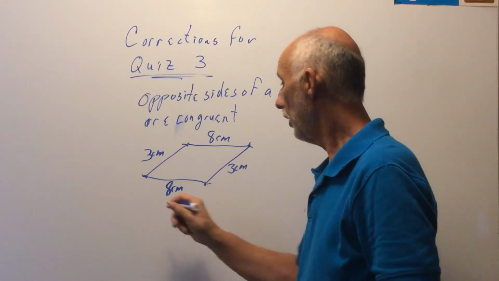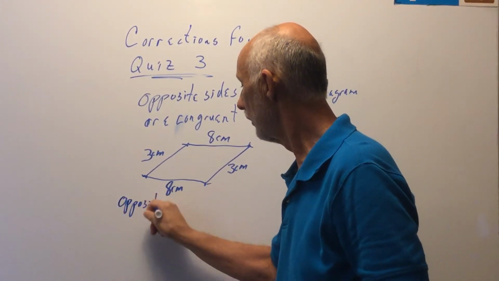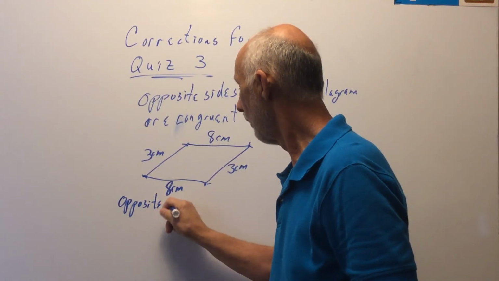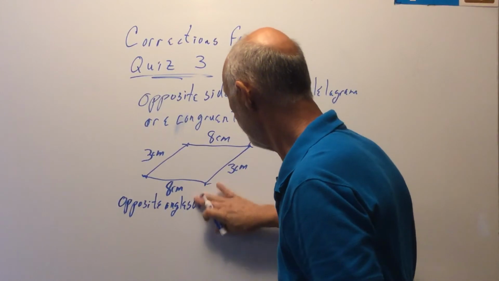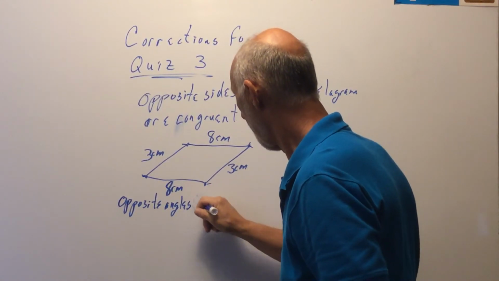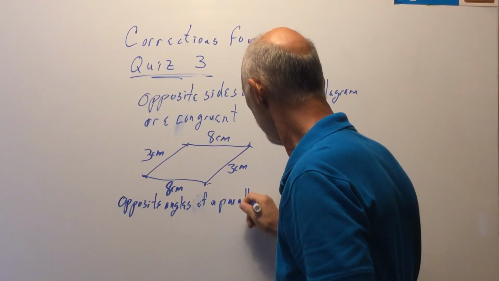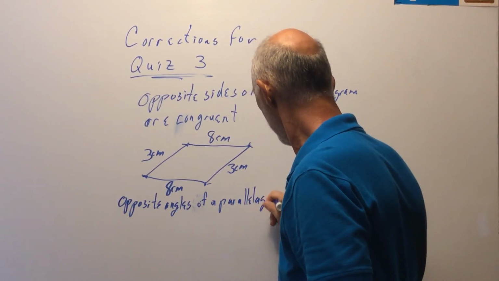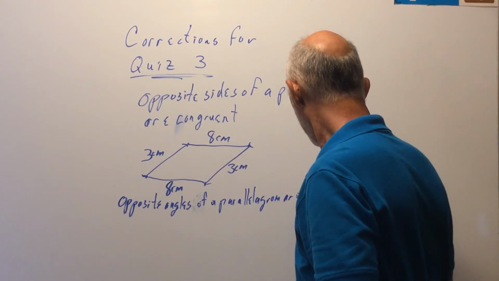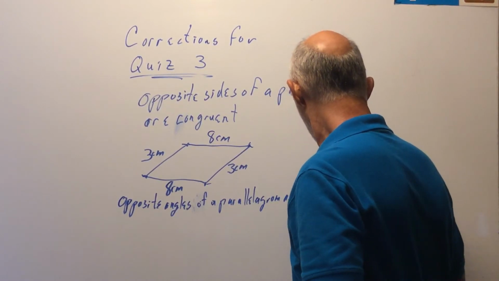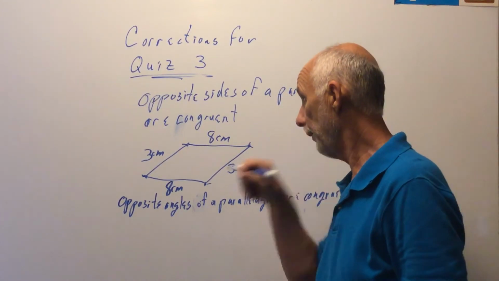By the way, it's also true that opposite angles of a parallelogram are congruent. And again, first of all, opposite angles are angles that are across from each other.